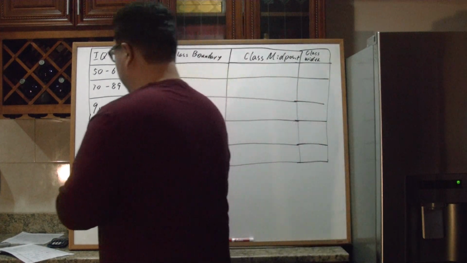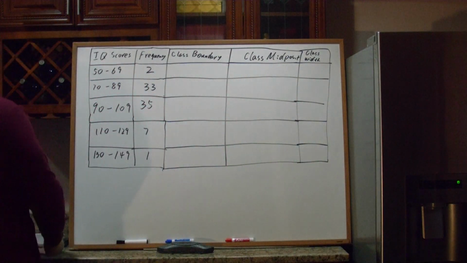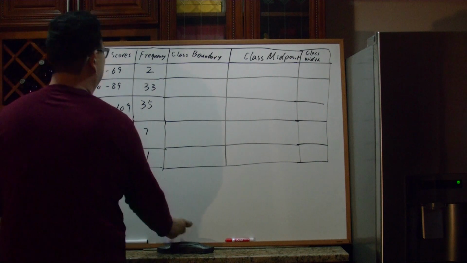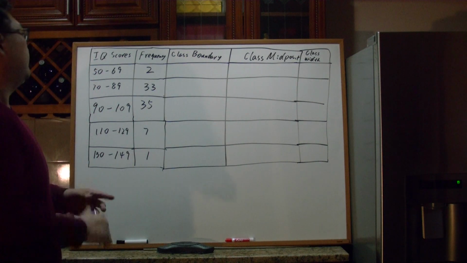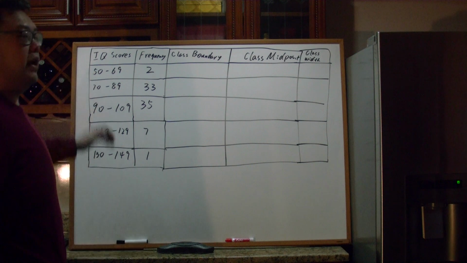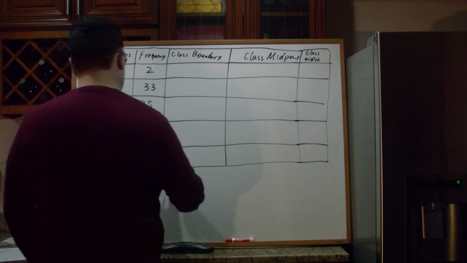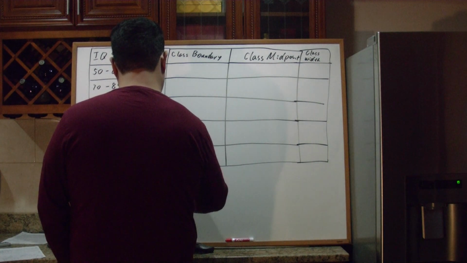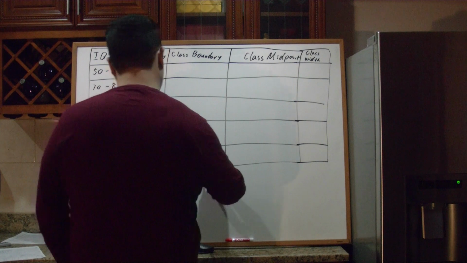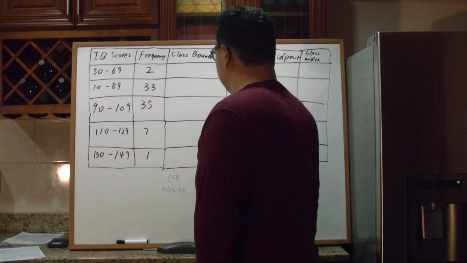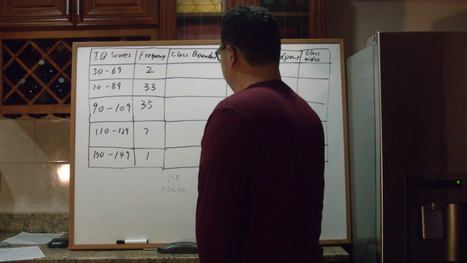Well, we had a shortcut formula before. To find the class boundaries, the lower class boundary will be the lower class limit minus 0.5, and the upper class boundary will be the upper class limit plus 0.5.